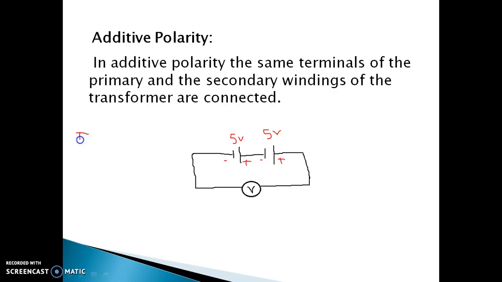The direction of current is always from the positive terminal of the battery to the negative terminal of the battery. So, here current flows in this direction. Voltmeter V reads the value of these voltages. As the voltage sources are connected in the same manner, this voltmeter reads V1 plus V2, that is equal to 10 volt. So, this circuit has additive polarity.